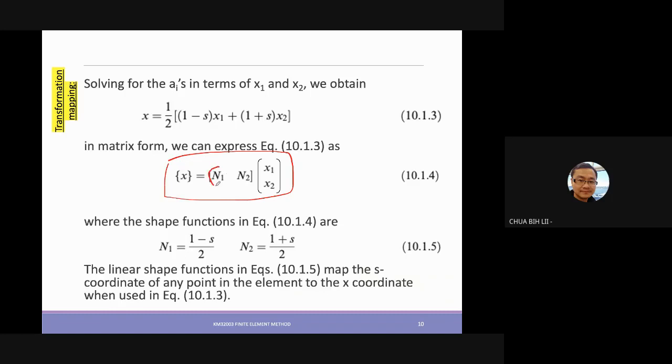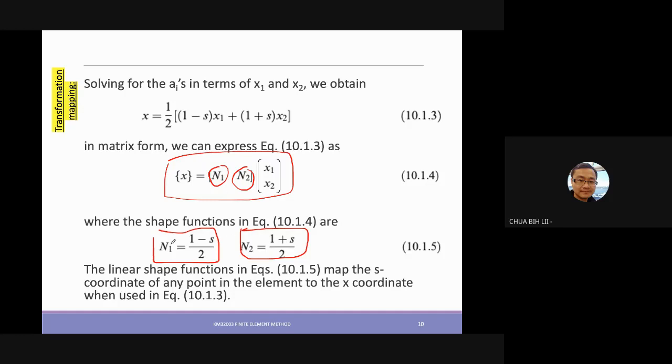Our displacement functions can be rearranged in the form of the shape functions, where the shape functions N1 and N2 are given by this. If you derive these two shape functions using the bar element, you would see the exact same or similar form of shape functions.